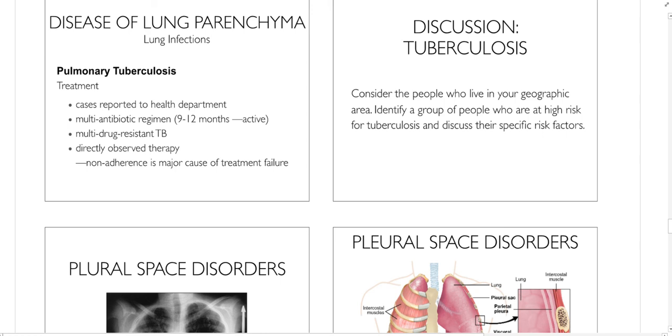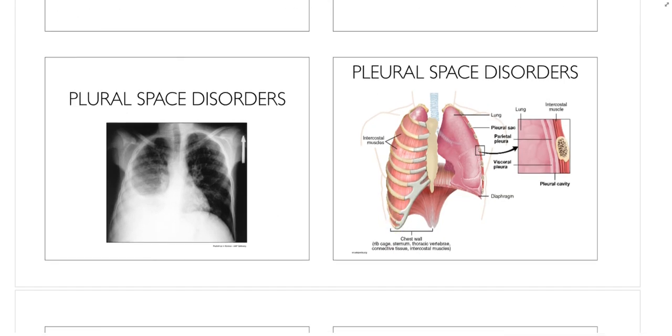Okay, so now pleural space disorders. So the pleural space, normally we have the rib cage here, we have the lungs here.